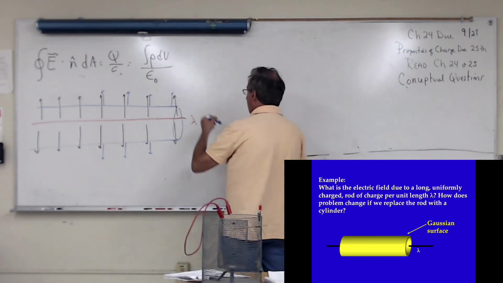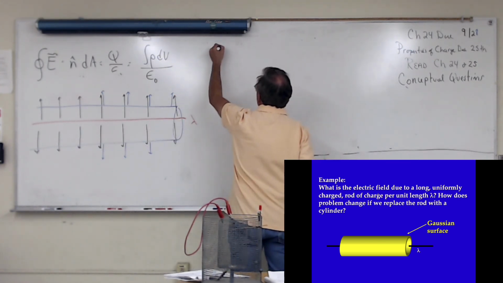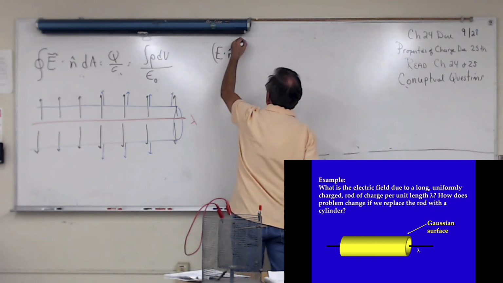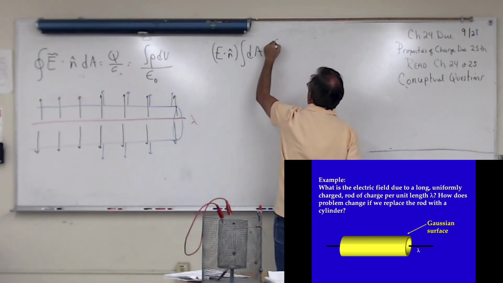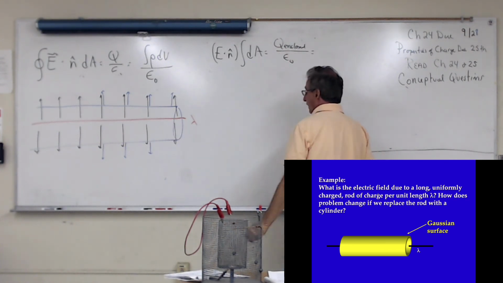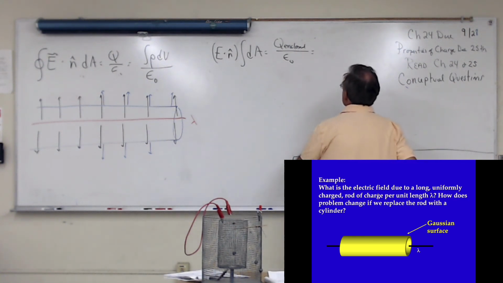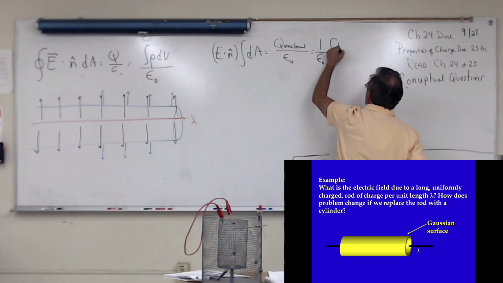And so now I apply Gauss's law. Again, I can pull this out of the integral. But I have to integrate over this thing here. It's going to be dx, sorry.